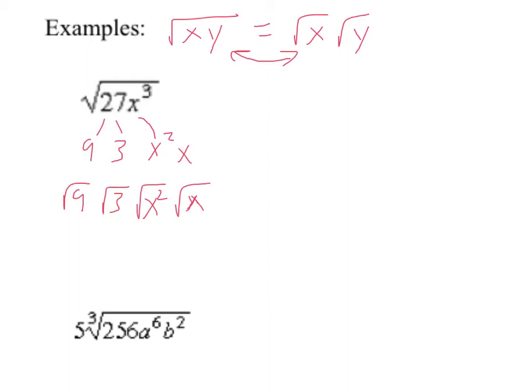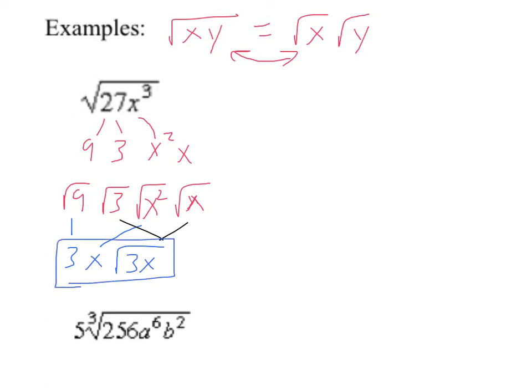Now, we know the square root of 9 is 3. We know the square root of x squared is x. And these two we cannot root, so they are left inside the root. And this is your simplified answer.